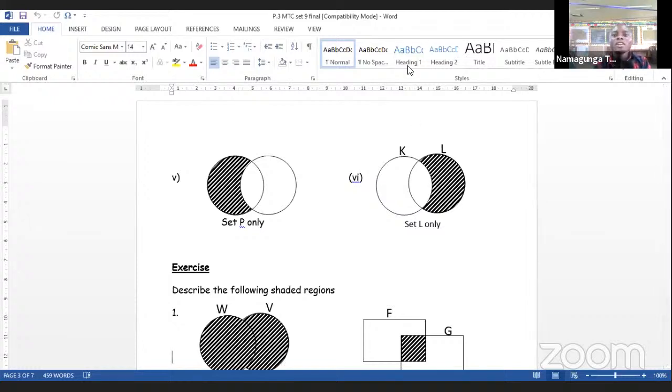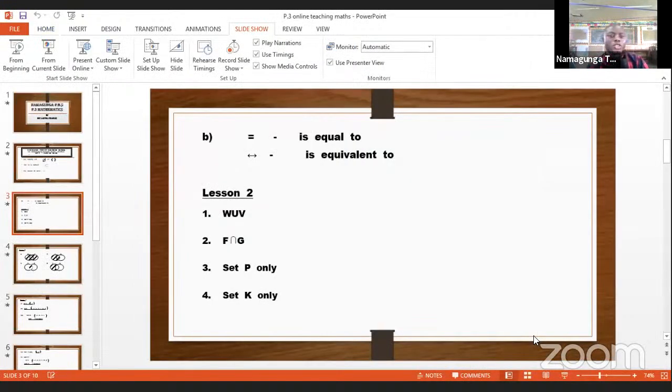So we can go and look at our exercise and the answers for that exercise. Our lesson 2, the activity there that we have. They have given us, describe the following shaded regions.